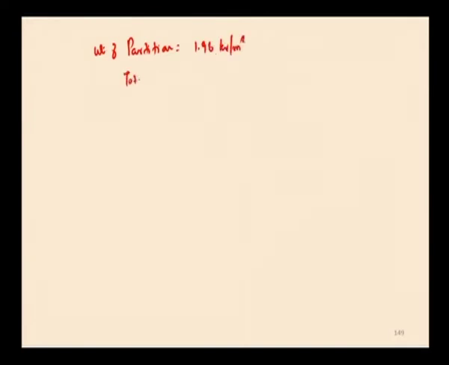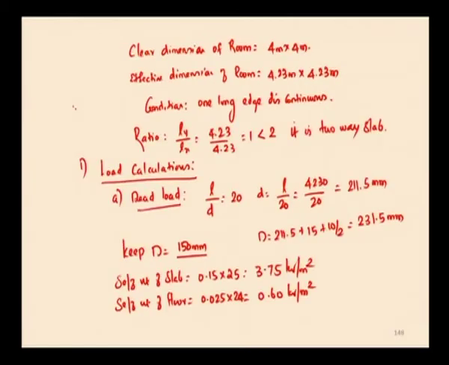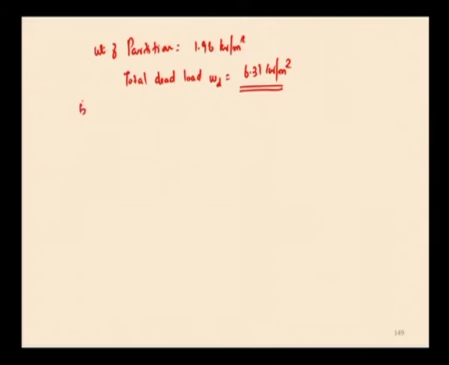Now, the total dead load Wd is equal to 6.31 kilonewton per meter square. And here, dead load we have calculated. The live load on the slab is given in the problem.